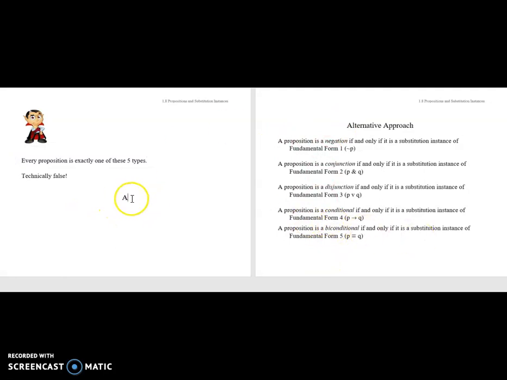So what we have to do to account for cases like this is add one more, and we'll say that a proposition is brute if and only if it has no main connective, that is, if and only if it is not a substitution instance of any fundamental form.